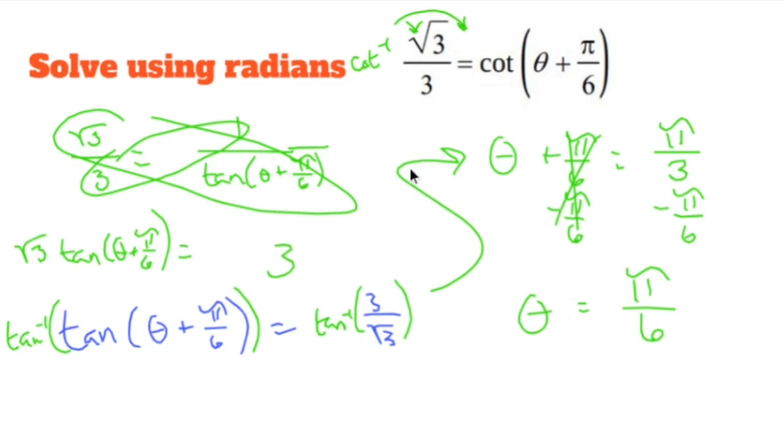Remember, cotangents along with all the other trig functions repeat themselves. So when I'm dealing with a tangent or a cotangent, I have to add pi n to my final answer because of the way that tangents and cotangents repeat themselves. So my final answer is going to be pi over 6 plus pi n.